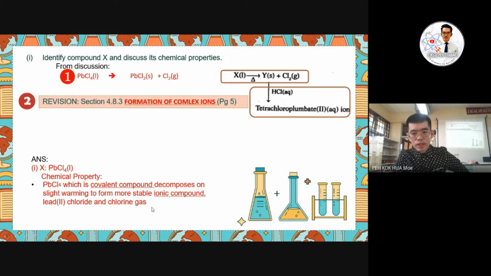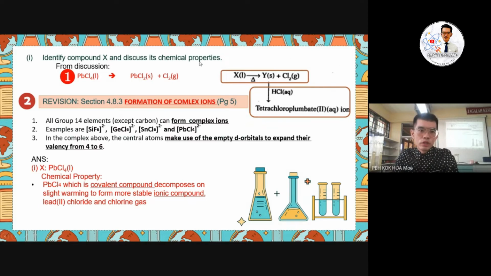And the second, you can look at the information here, which is related to the formation of complex ion. All the answers given here, you actually can get from your question. From the revision of section 4.8.3, all the group 14 elements except carbon can form complex ions. Why can they become complex ions?